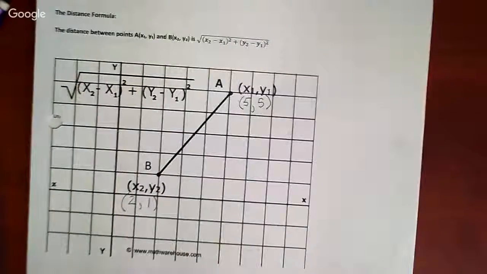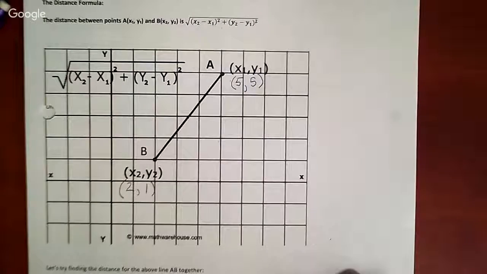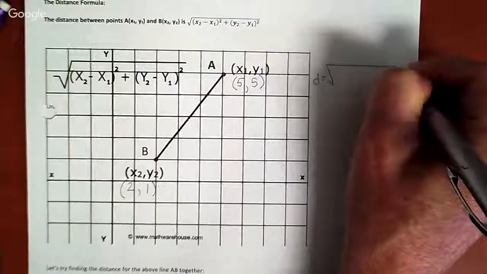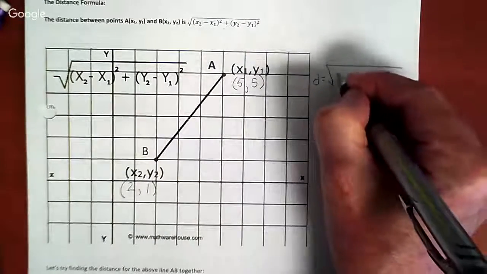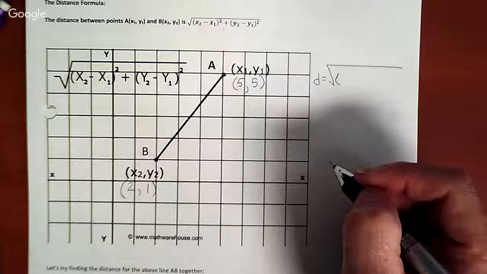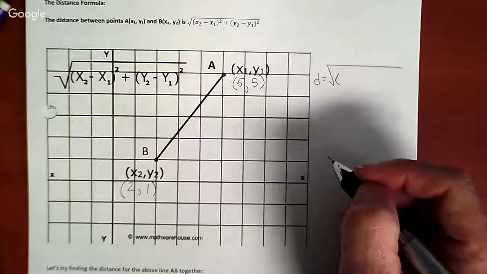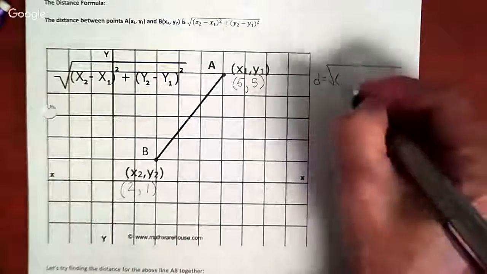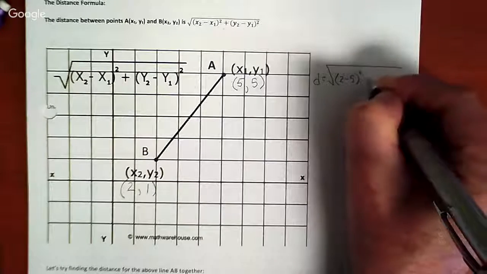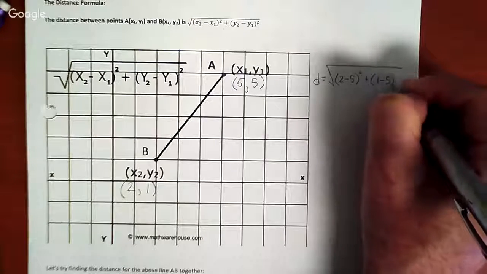If I were to find, using the distance formula, what the distance would be, here's how I would find that. My distance would be underneath my radical symbol. Again, I can pick either one, x2 or x1. So I am going to use 2 minus 5 squared plus 1 minus 5 squared.